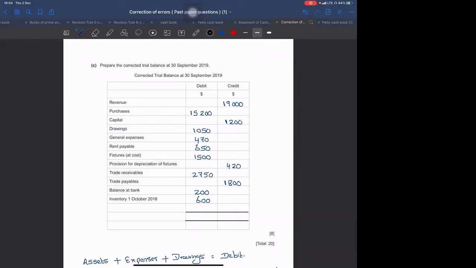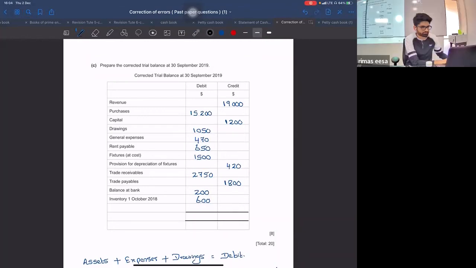How much is the total? 22,420. Check the debit side and see if you are getting 22,420. At the credit side also, see if you are getting 22,420. Debit and credit is equal. 8 marks confirmed.